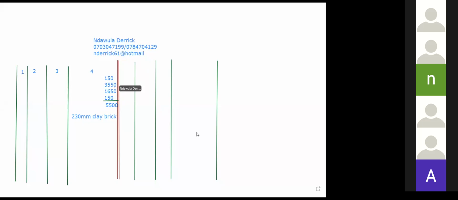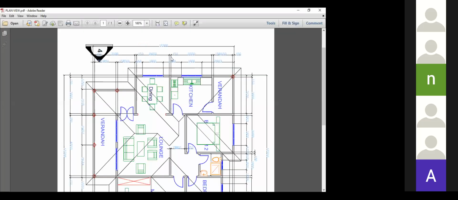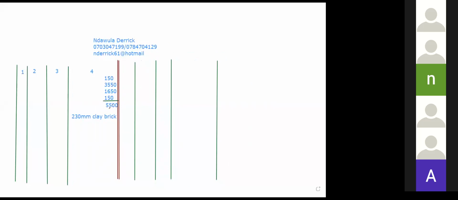We have realized that I forgot this 150, 1650, then 150. So as somebody is checking through your work, they realize that mistake. So they come here and they make that correction, right? This was 150.